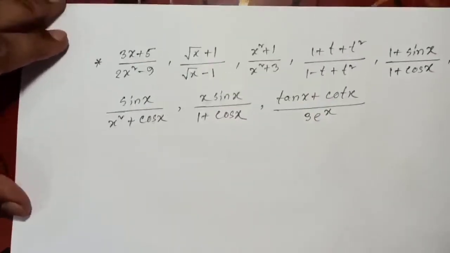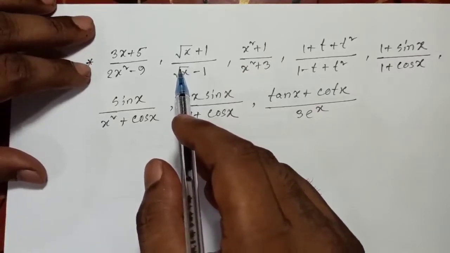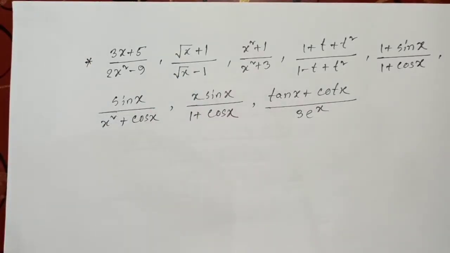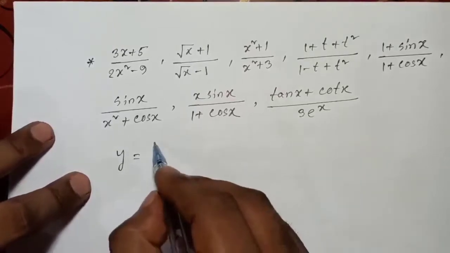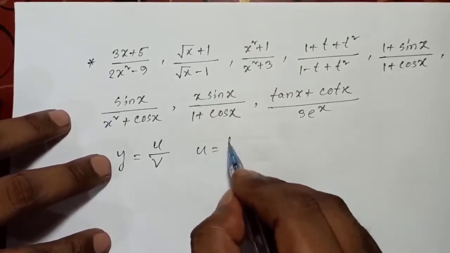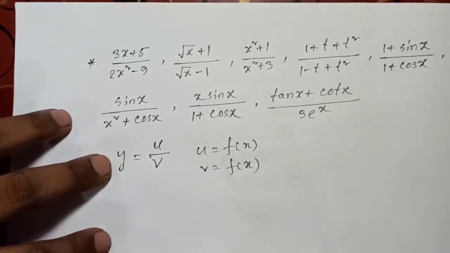So now here you can see a lot of division actually. The functions are in such a way: y equal to u by v, where u is a function of x and v is also a function of x.